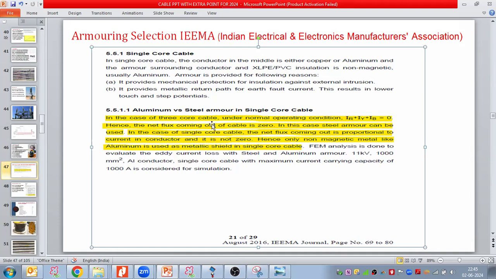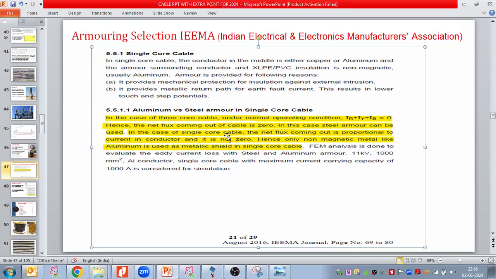In the case of three core cable, under normal operating conditions, the vector sum of IR, IY and IB, the R phase, Y phase and B phase currents, which are 120 degrees apart, is 0. So the vector sum of the current would be 0 in a three core cable. Hence, the net flux coming out of the cable is 0. In this case, steel armor can be used.